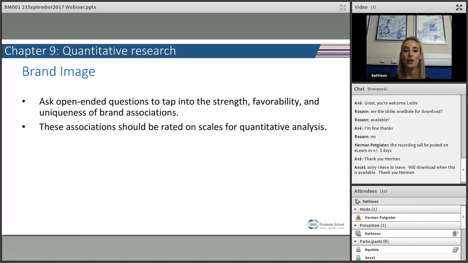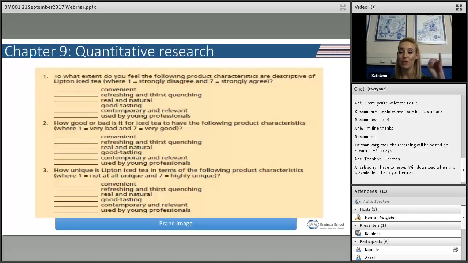So one of our quantitative research areas of focus is in brand image. We've looked at brand awareness now being recall or recognition. Brand image is where we ask about the strength, favorability, and uniqueness of the brand association. And remember, we always said strong, favorable, unique is associated with brand image.